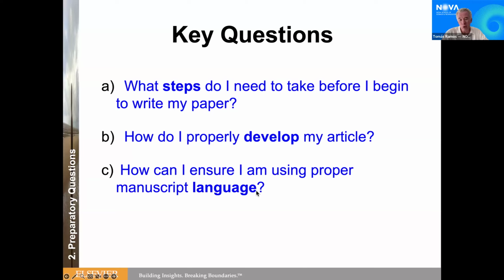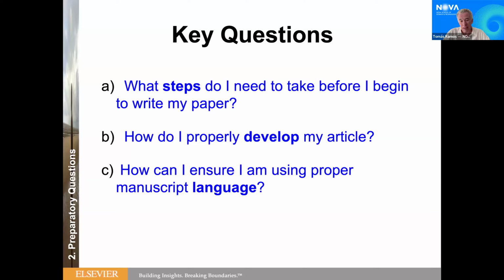So how we can ensure that we are using proper manuscript language, and in some cases not only a matter of English. I mean, sometimes we are native speaker. I'm not native speaker, as you can see, but in fact, the language for a scientific article is different from a book, a novel, or something like that.